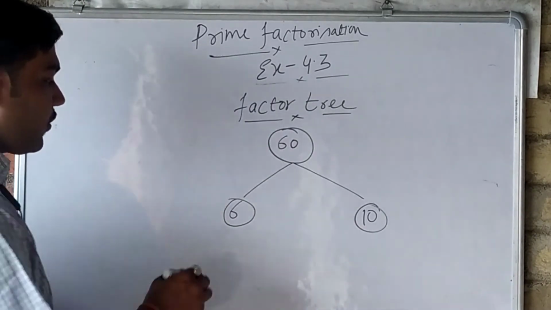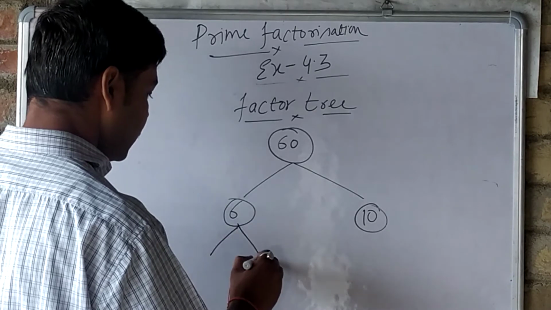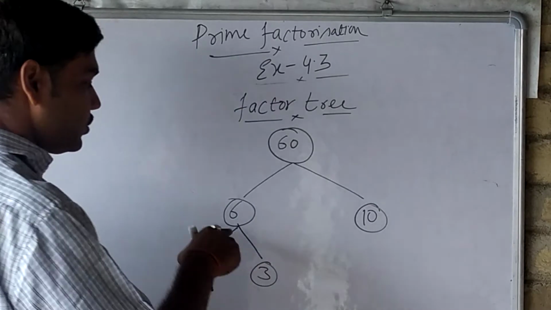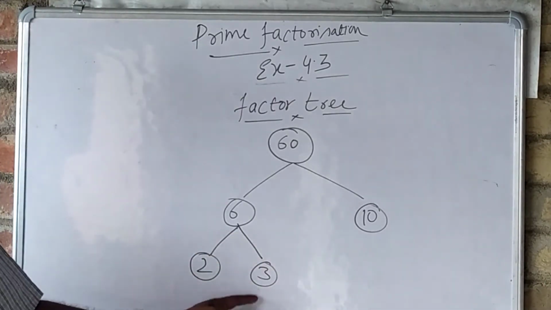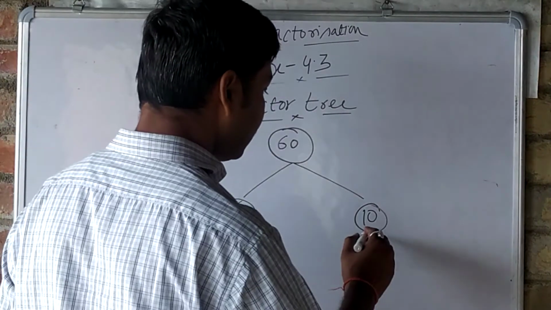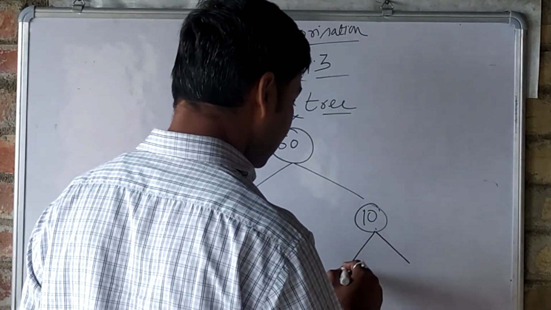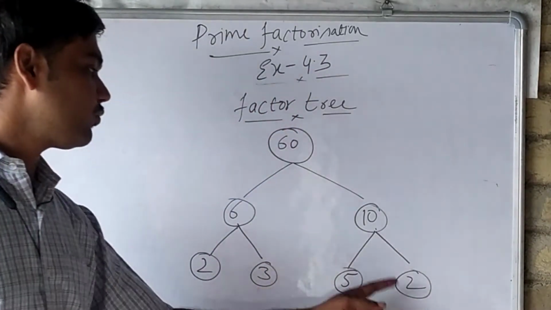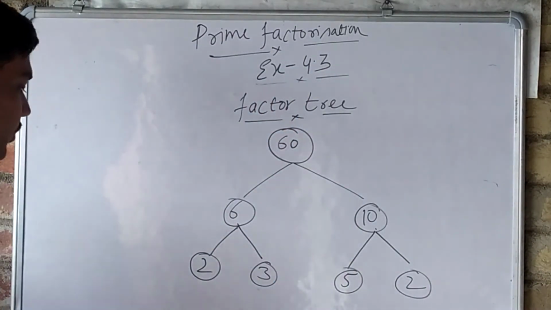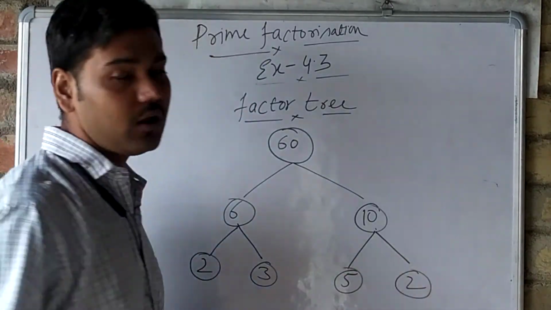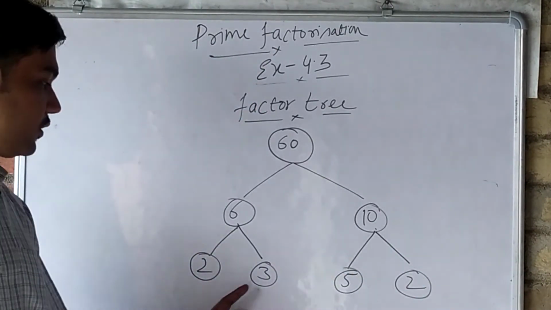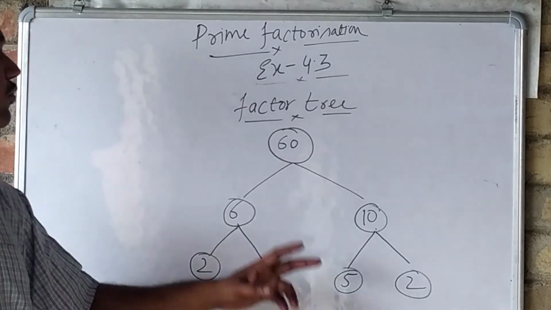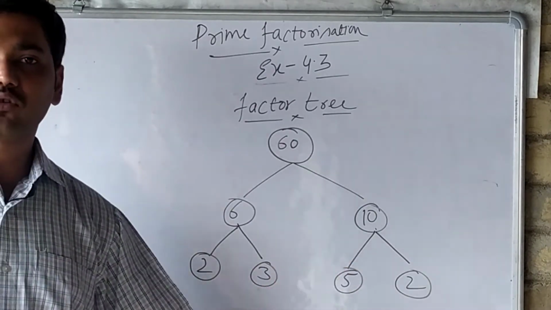So we divide 6 into two numbers, 2 and 3, 2 threes are 6, and 10 we divide into 5 and 2, 5 twos are 10. Now 2, 3, 5 and again 2, we all know that these values are prime numbers. So by factor tree we have solved the question.